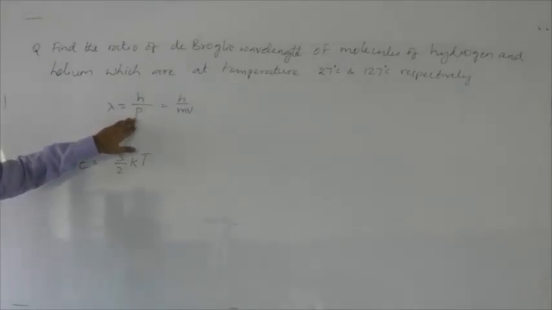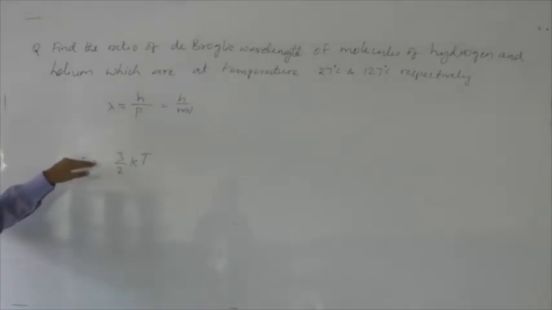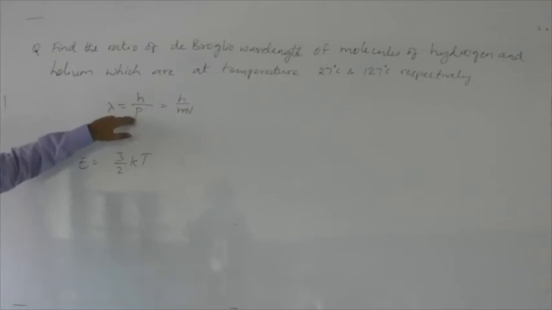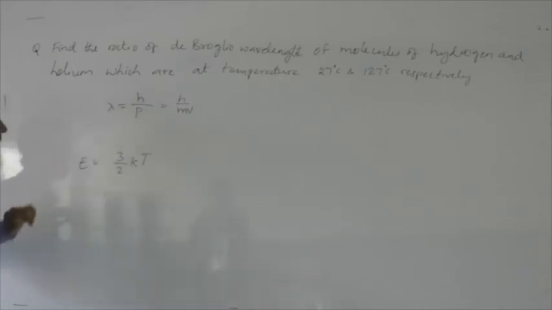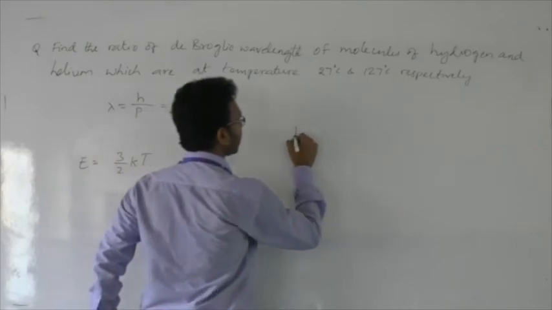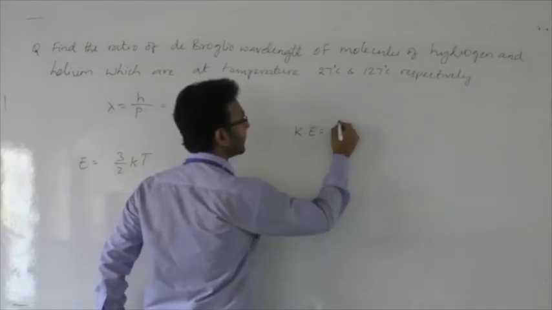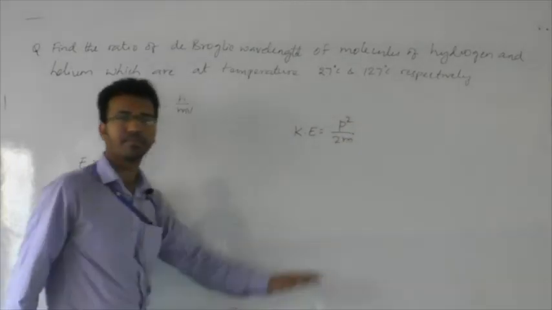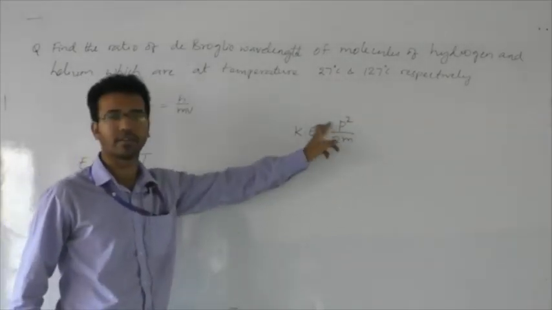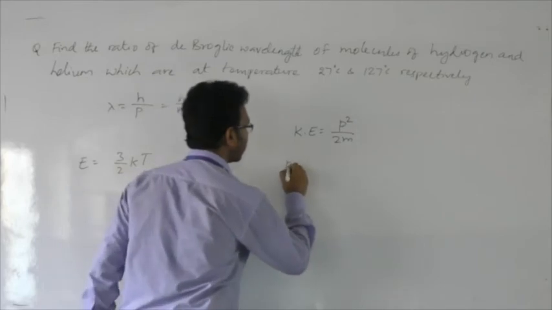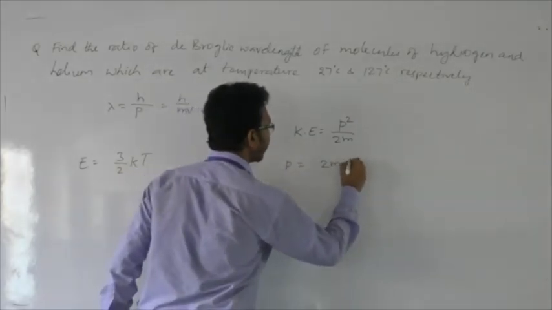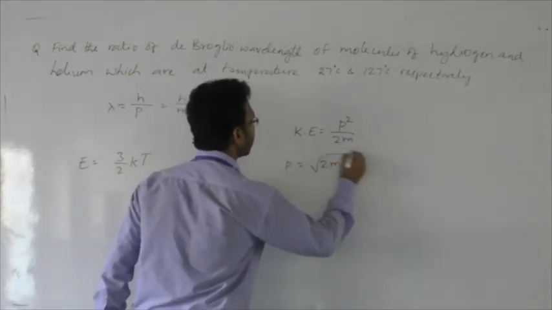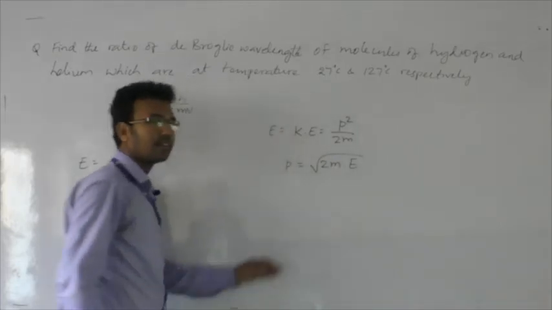Now we have momentum here. Can we connect this energy and momentum? We have the kinetic energy of a particle as p square by 2m. There is a relation between energy and momentum. So what is p then? p equals root of 2mE, where E is the kinetic energy.